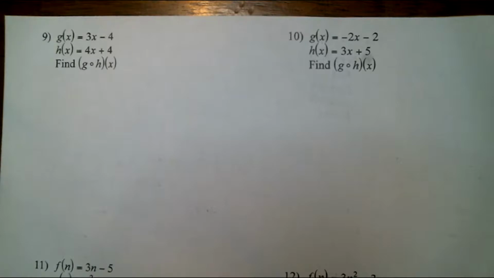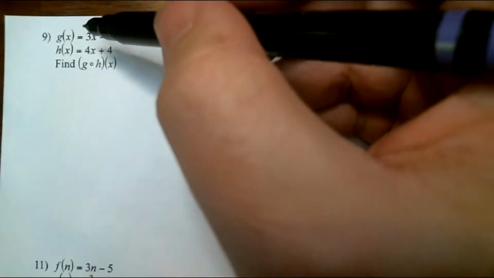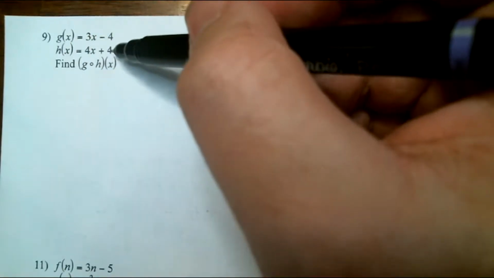Okay, so let's look at number 9. So here's g of x. Here's h of x. What does g composed with h of x mean? That means to do this: g of h of x.